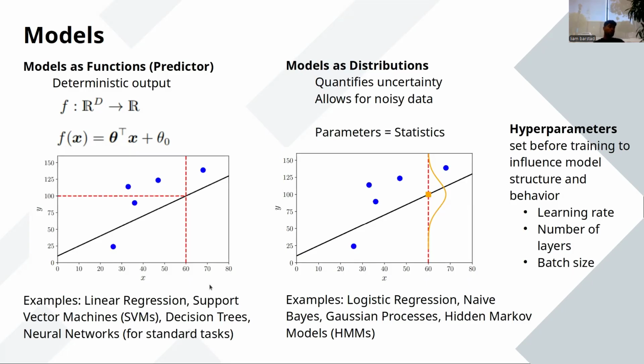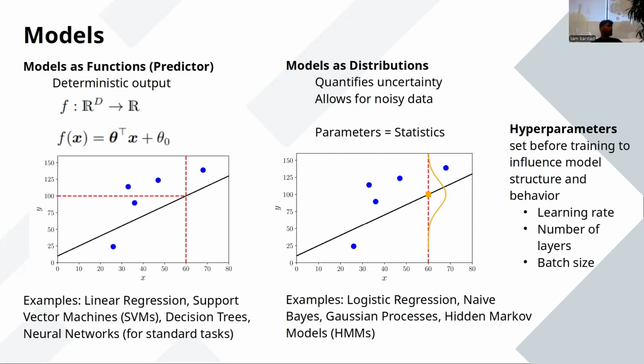You can also use a neural network to find a distribution, but you generally train it with a concrete input and output. And if you want to use it to get a distribution, you split it apart and use it as an encoder. But for standard tasks, neural networks are functions.